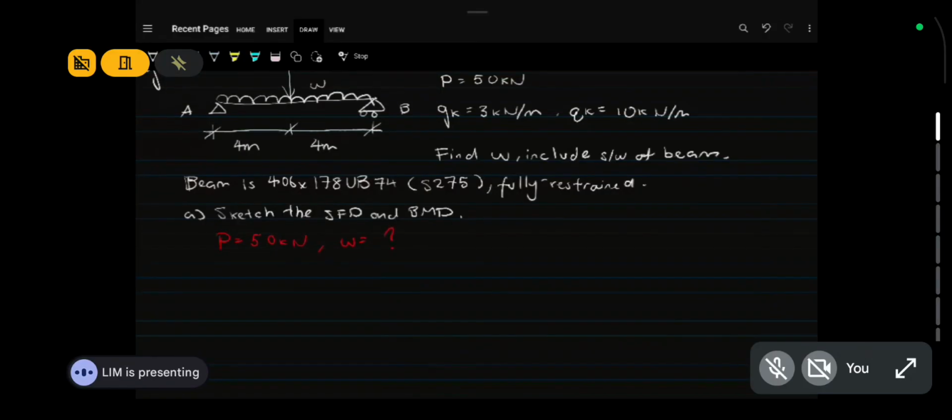W is 1.35 GK plus self-weight plus 1.5 QK. SW is short form for self-weight. So W is 1.35 GK plus self-weight plus 1.5 QK.